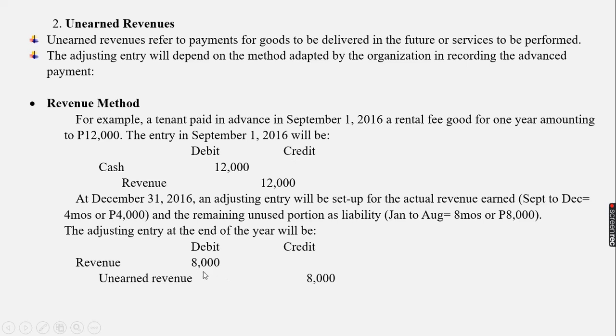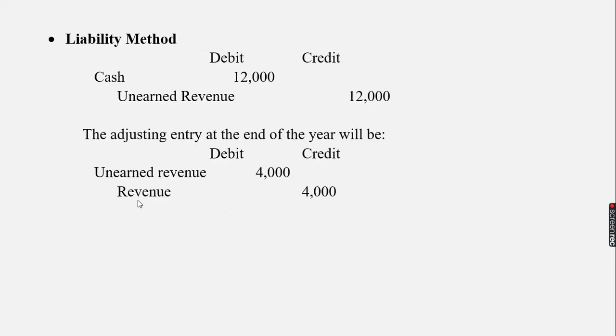So 12 minus 8 kasi is 4, 'di ba? Kasi 4,000 naman yung na-earn niya from September to December. Tama? Okay, that is 4,000. So parang 1 month, ang payment niya sa isang buwan is 1,000.